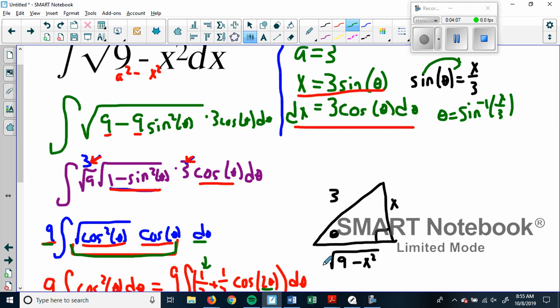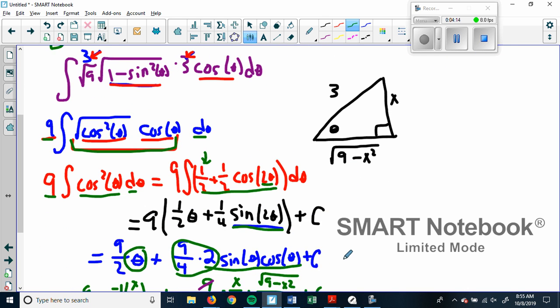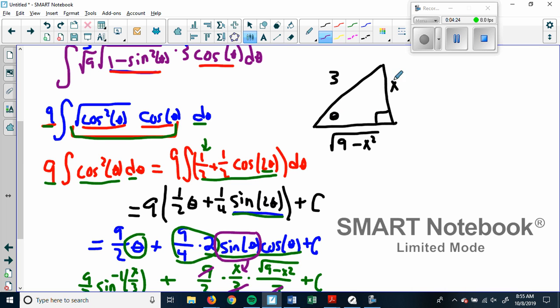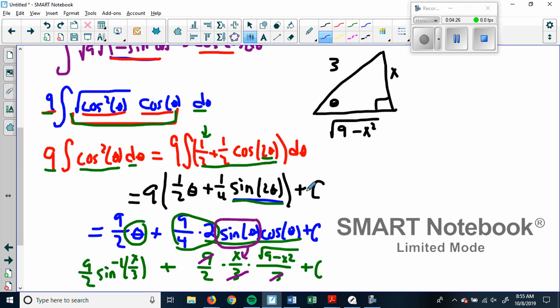And if we complete the Pythagorean theorem, we get the square root of 9 minus x squared. Sine of theta is x/3. Cosine theta is the square root of 9 minus x squared over 3. So that goes right here.